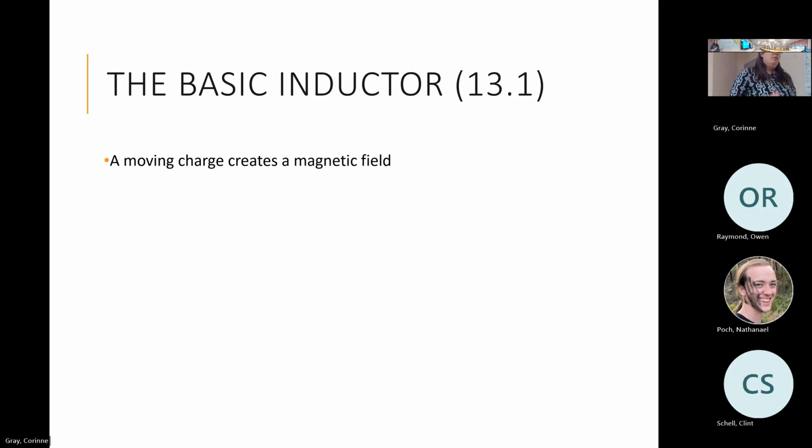The reason for that is if you look at the sources of magnetism, it turns out at the end of the day, magnetism comes from moving charges. What's a current again?